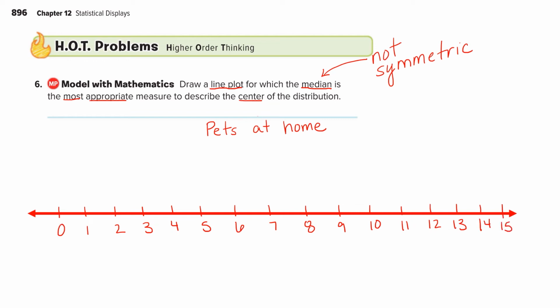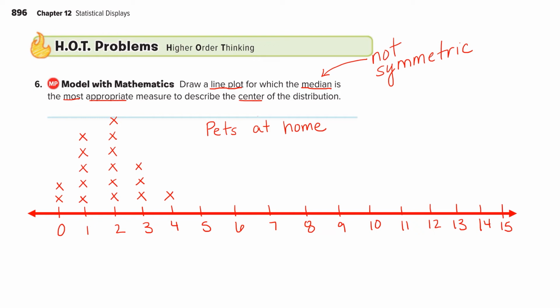All right, so we've interviewed a bunch of people, and 2 people have 0 pets. 1, 2, 3, 4, 5 people have 1 pet. Six people have 2 pets. 3 people have 3 pets. 1 person has 4 pets.